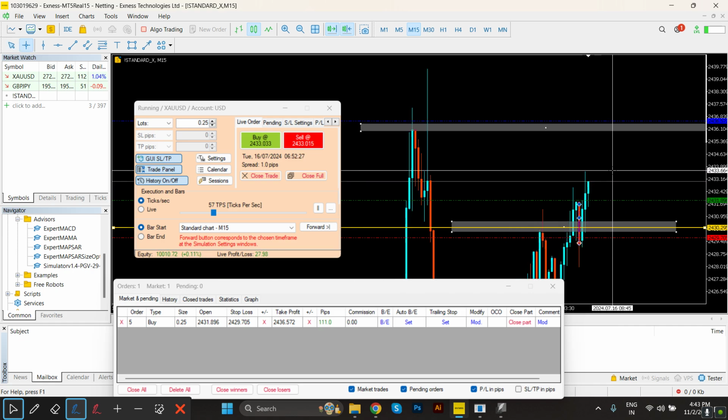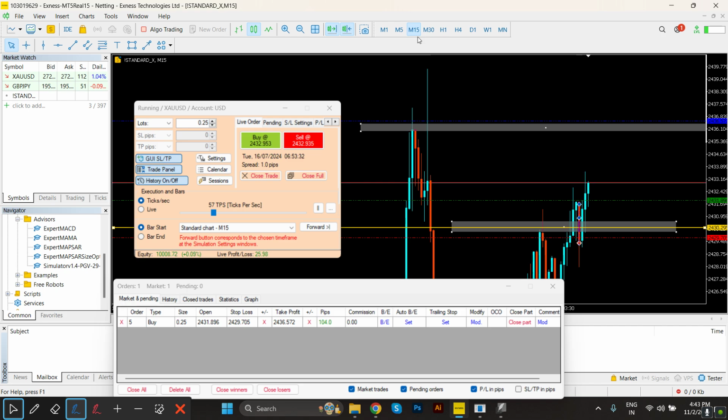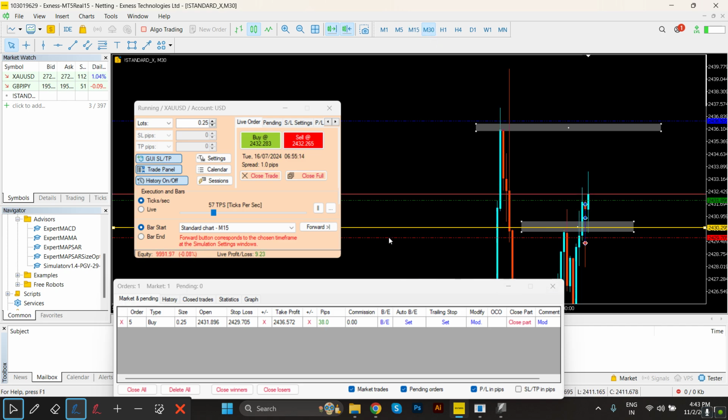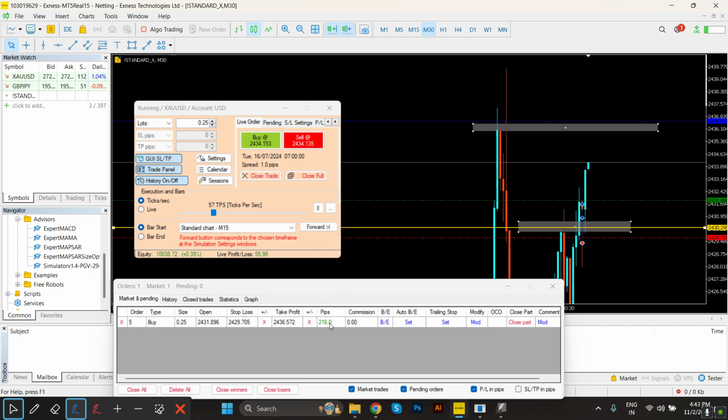Yeah, this candle should fill the wick, and then we should go up 20-some pips, and we should continue making higher highs and higher lows. Yeah, there we go. There are 4 minutes left for this 30-minute candle to close, and 3, 2, 1, and this candle will close. Very nice. We are running up 15-16 pips.